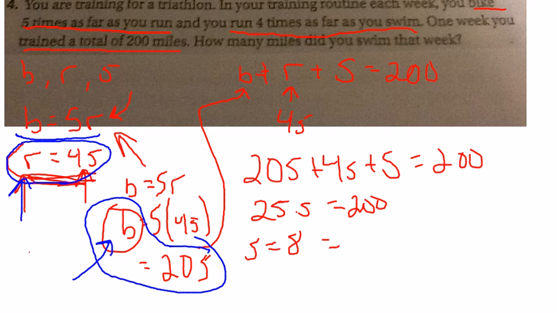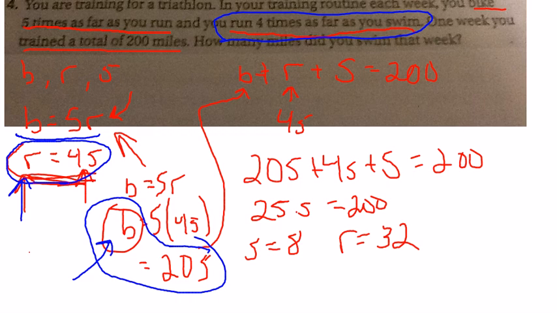So R is 4S, 4 times 8, R is 32. So, check. Did we run 4 times what we swam? Well, swim is 8, run is 32. That's 4 times. Good to go there.